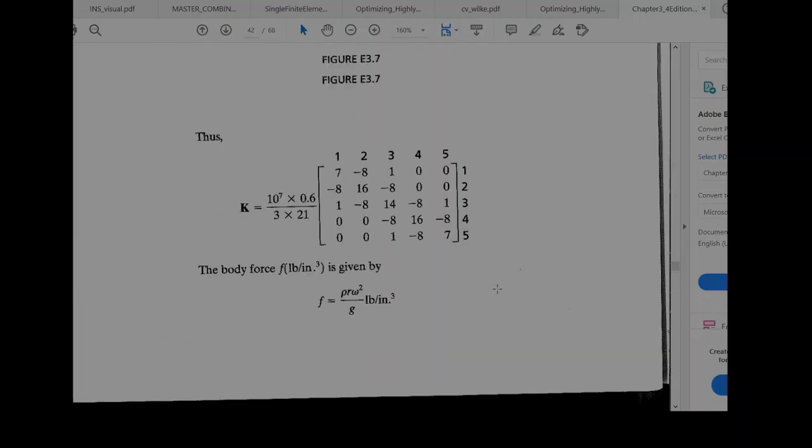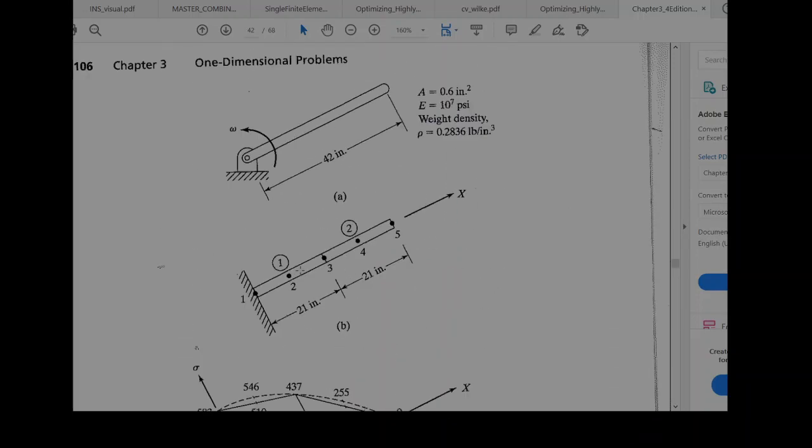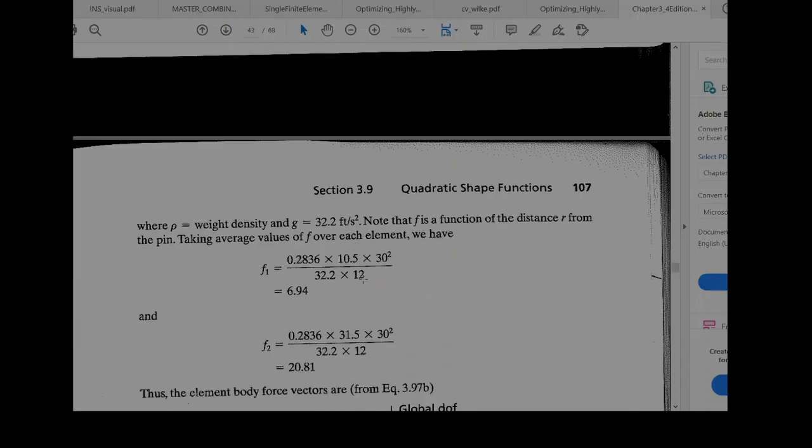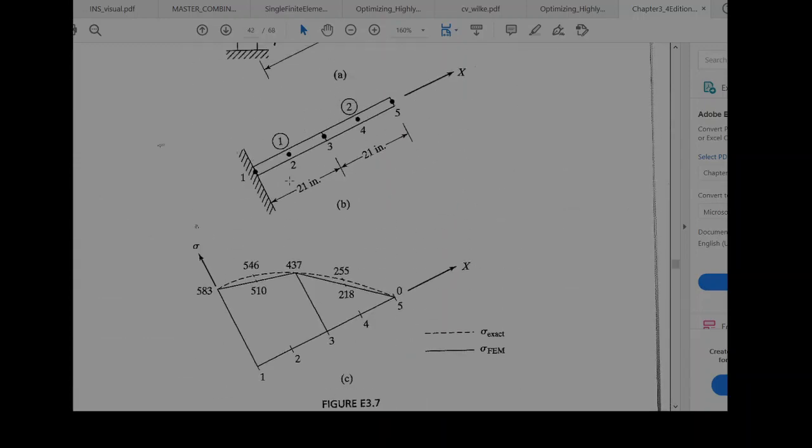One thing I want to highlight here is when they model the body force along this, the body force varies linearly because it is due to the acceleration, the fact that the thing is rotating. What is important to note is that they assume a constant average body force over this element and a constant average body force over that element, which is an unnecessary simplification.